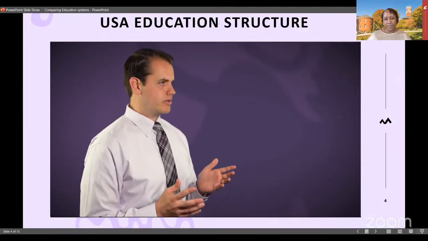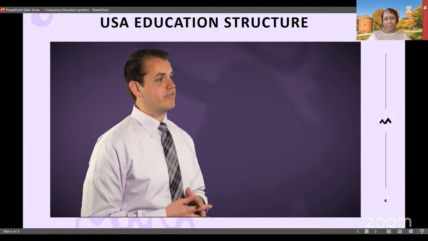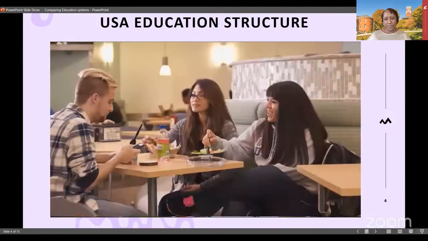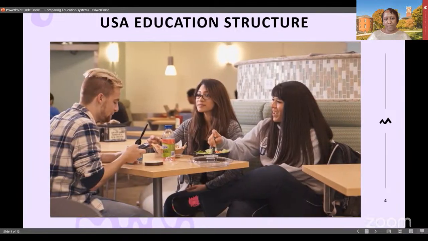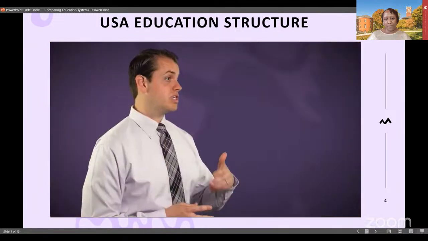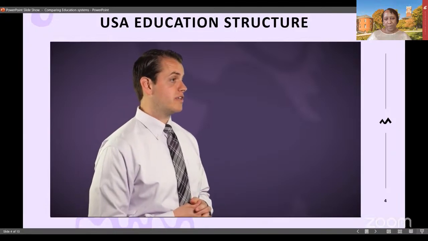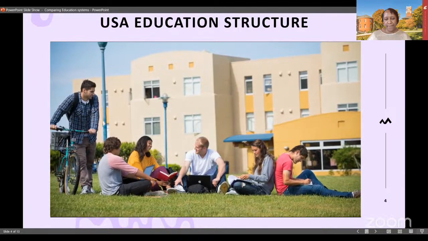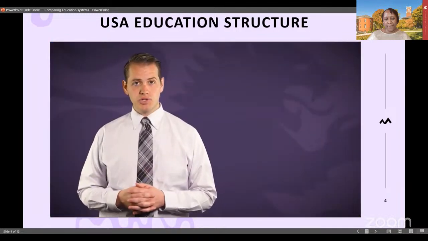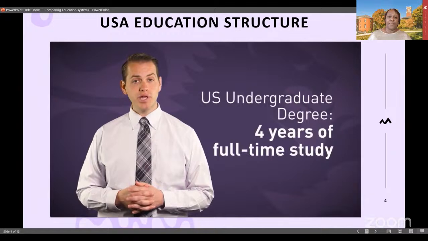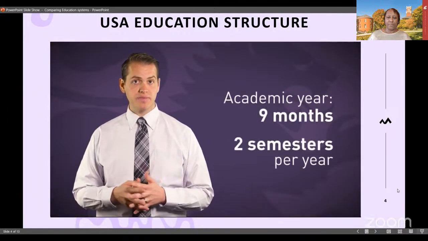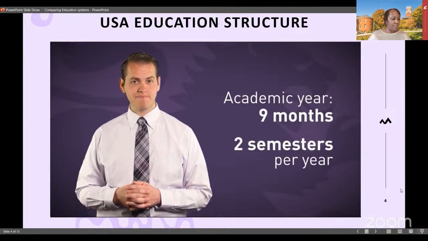A typical American student will complete 12 years of education before progressing to college to pursue a bachelor's degree which takes 4 years to complete. Some students continue to graduate school to study for a master's degree, which takes an additional 2 to 3 years. U.S. undergraduate degrees usually require 4 years of full-time study. The academic year runs for 9 months, with 2 semesters per year.